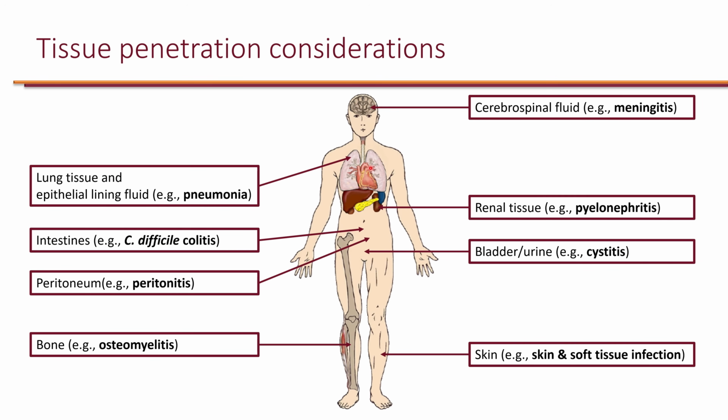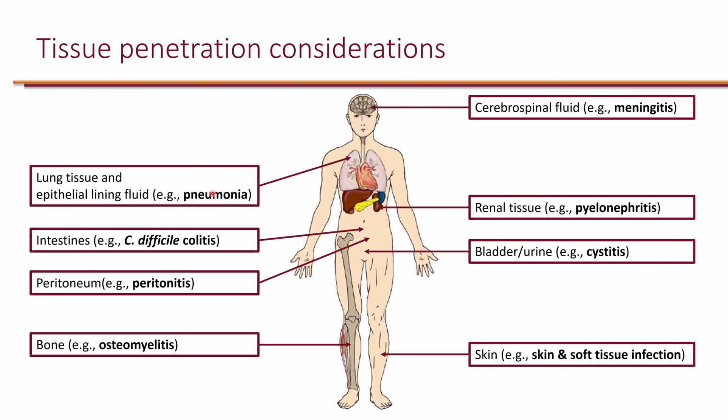Occasionally, if the infection is inside the intestines, for example, Clostridioides difficile colitis, you actually want to make sure that the drug stays in the intestine and is not absorbed into the blood. Or if you're injecting into the blood, you want to make sure that it can actually go into the intestine. Otherwise, it's not going to get to the site of infection.